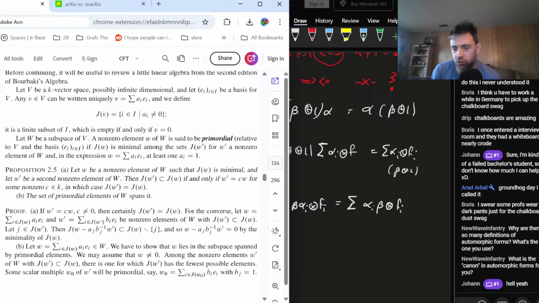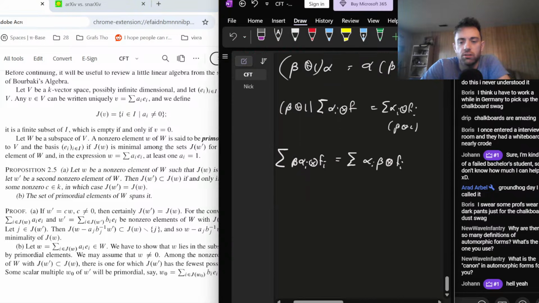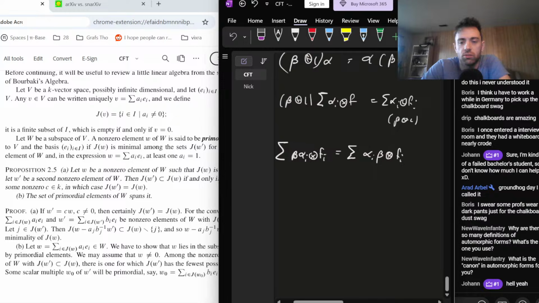Why are there so many definitions of automorphic forms? What's the one I use? Are there a lot of definitions? I don't even think I could define it for you right now on the spot. What is canon in automorphic forms to you? I don't think I could pull it out on the spot right now.